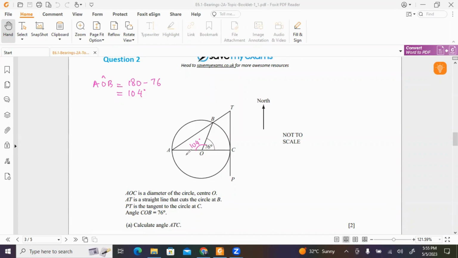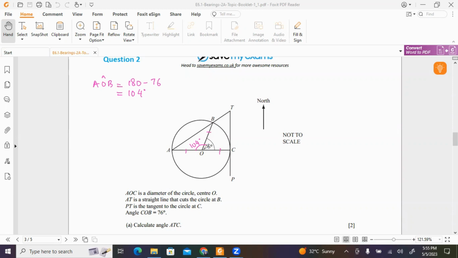Now, center is O, and the points A, B, and C all lie on the circumference, which means AO is the radius, BO is the radius, and CO is also the radius. So all of these lengths equal the same quantity. Since AO and BO are the same, this is an isosceles triangle.